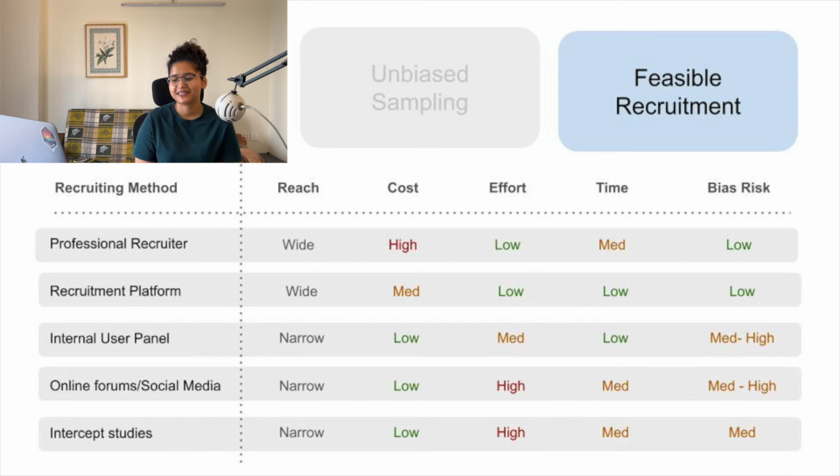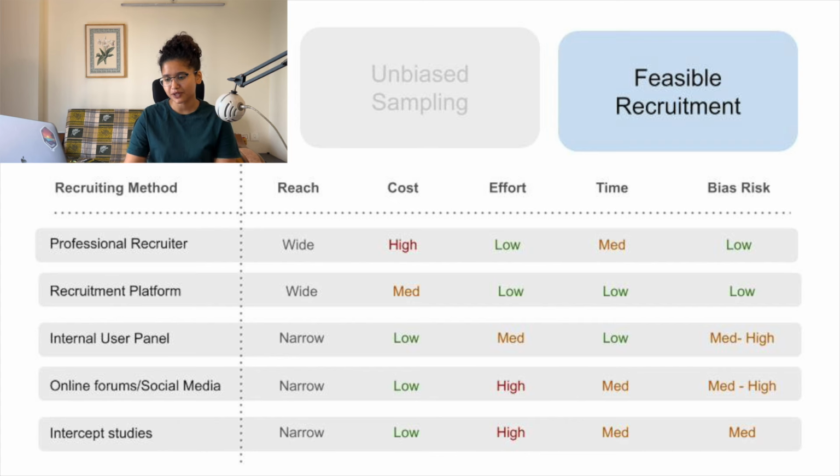In this video, let's talk about 5 most commonly used recruiting methods, and we will try to rate all of them on certain parameters like reach, how many people does this recruiting method help us get in touch with, how expensive is it, how much effort does it take to engage in this recruiting method, how much time, and how biased is this recruiting method.